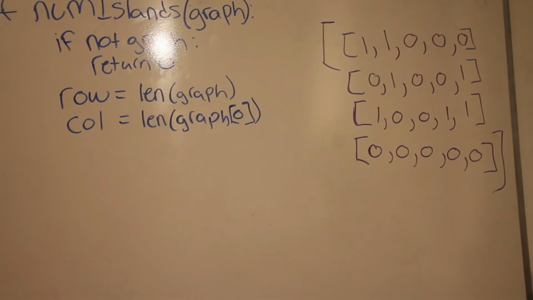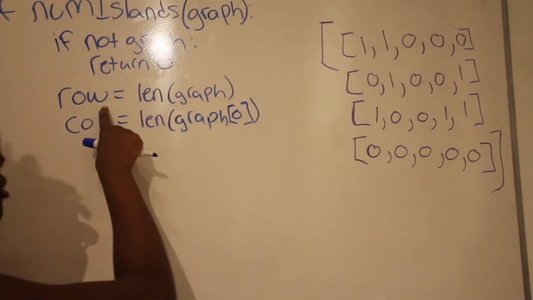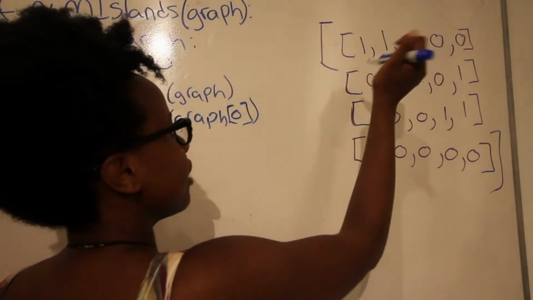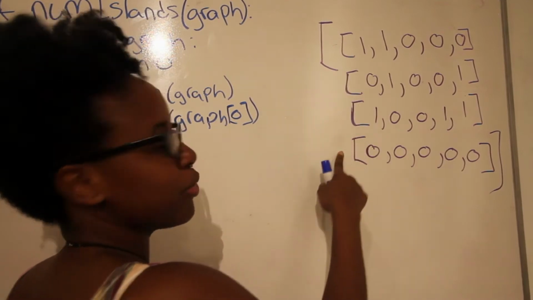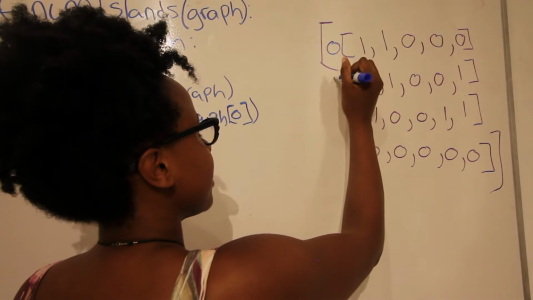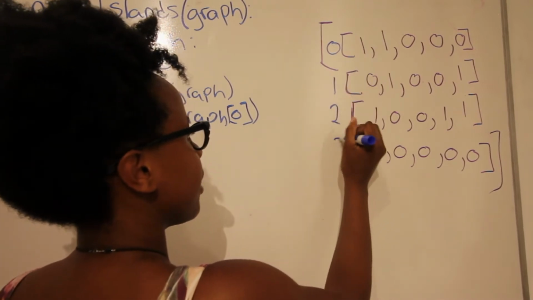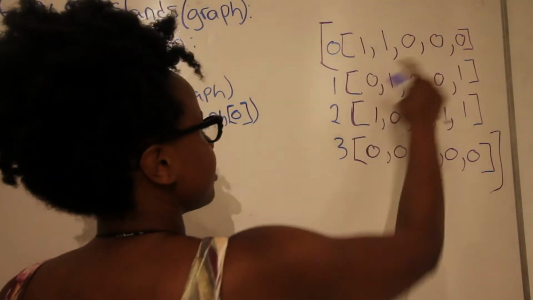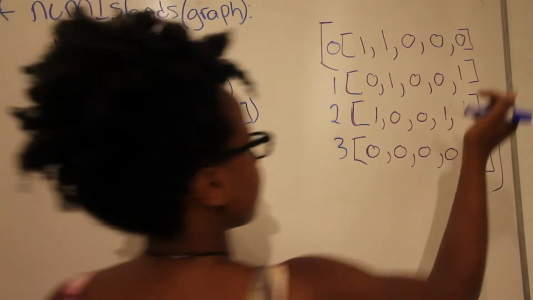As you can see right here, this is what row is, all right? Row is 1, 2, 3, 4, okay? Index 0, index 1, 2, and 3. These are rows, okay? Let me put a comma.